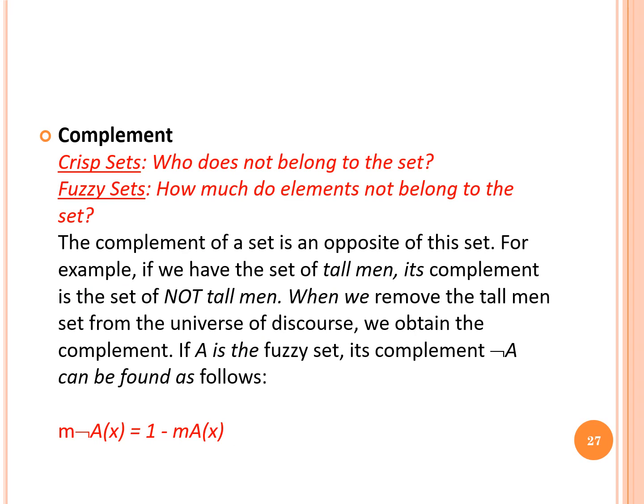Okay, complement. In crisp set, who does not belong to the set? While in fuzzy set, how much do elements not belong to the set? As we know, in crisp sets we just draw a direct single line.